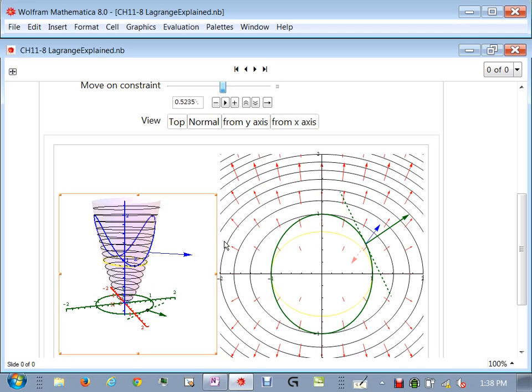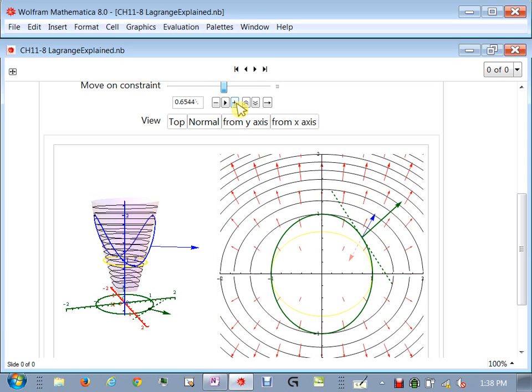Okay, so check what's going to happen here. Is the gradient of G parallel to the gradient of F right now? They're not parallel. But watch what happens if I start moving around here. Now, go back.